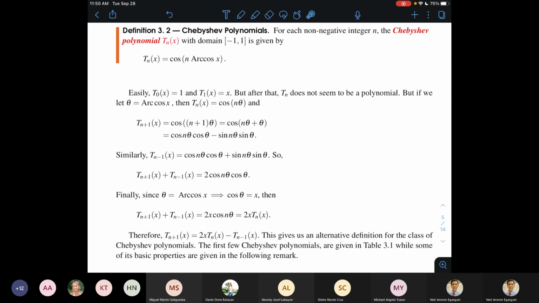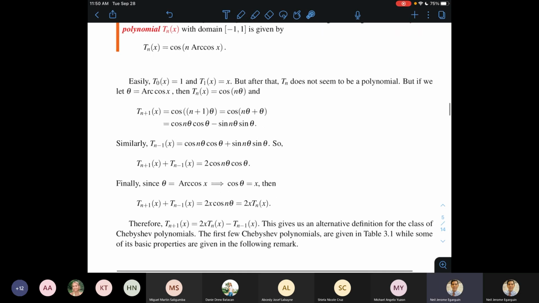Okay. And then you can redo this process, but do it for t sub n minus 1. Okay? Ginawa niyo siya sa t sub n minus 1, ito yung makukuha niyo. And so, I can add t sub n plus 1 and t sub n minus 1 to get this guy. So the sum is just equal to 2 cosine n theta, cosine theta.